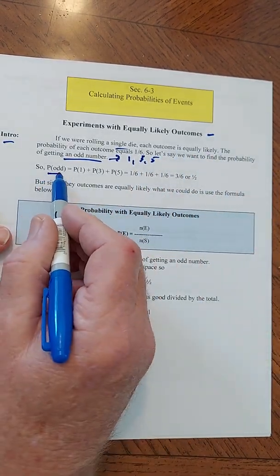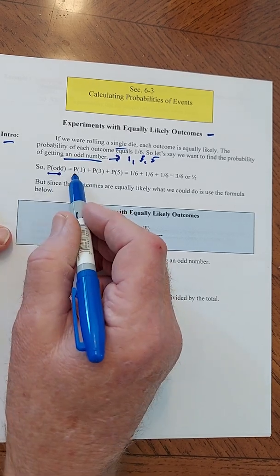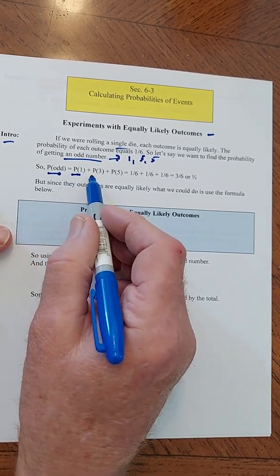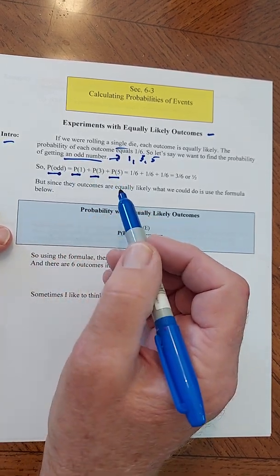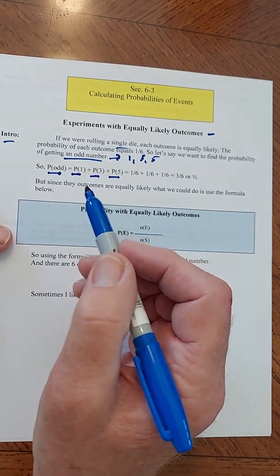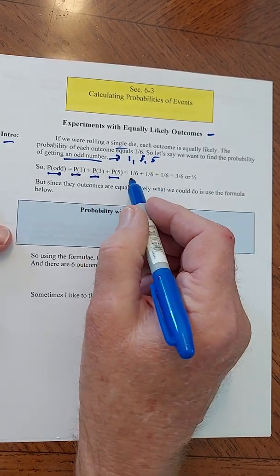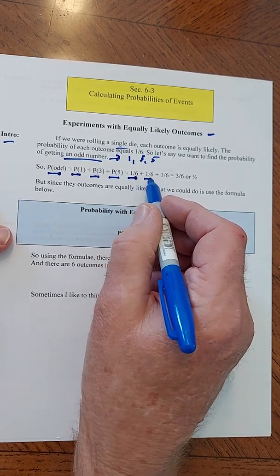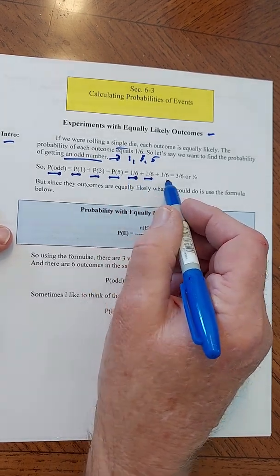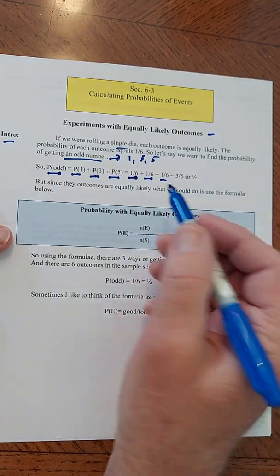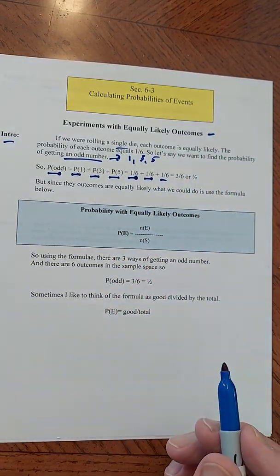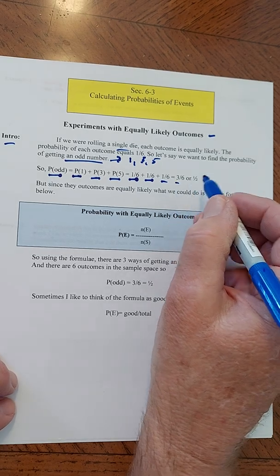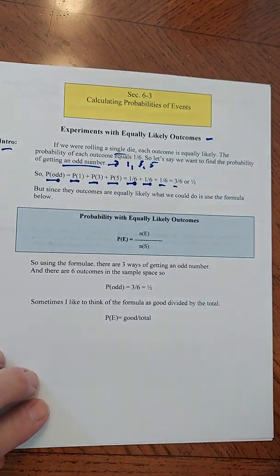So to find the probability of being odd, all I'd have to do is take the probability of a 1, the probability of a 3, and the probability of a 5, and add them up. Since they are equally likely, the probability of 1 is 1/6, the probability of a 3 is 1/6, and the probability of a 5 is 1/6 also. So if I add those up together, that gives me 3/6, which of course is 1/2. We always put it in lowest terms.